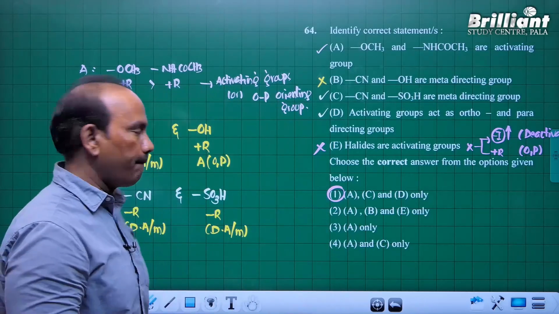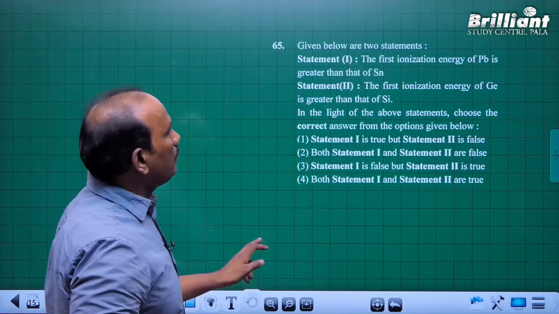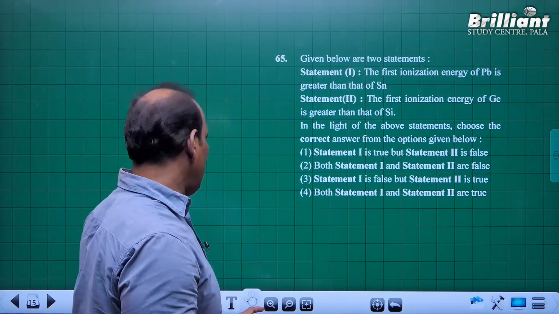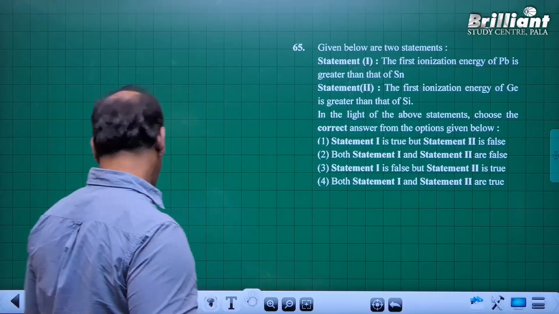Okay, na? And now, first ionization enthalpy of lead is greater than, okay.